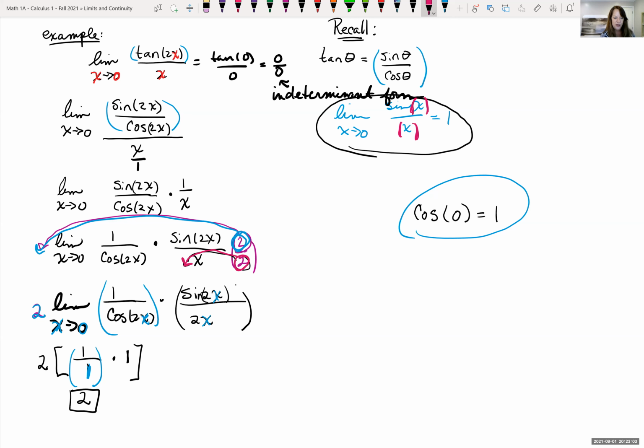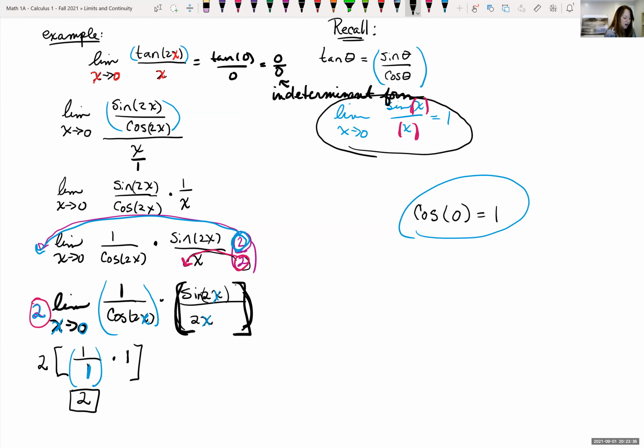We technically didn't have to bring this 2 out front. I could have put it on top of this numerator, but I wanted that one piece to look identical to sine of something divided by that same something, which is 1 when we take the limit as x goes to 0. That's why I left the 2 down in the denominator.